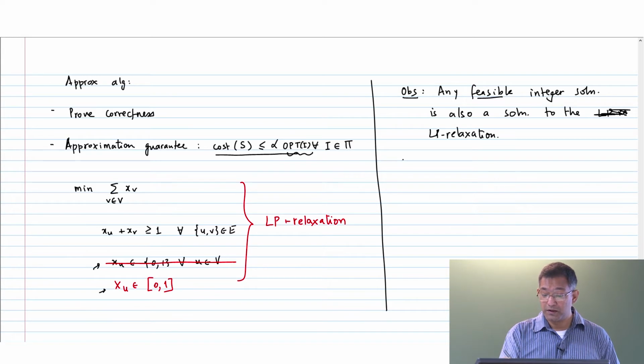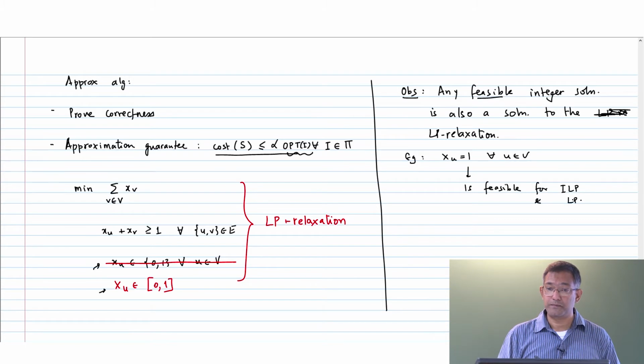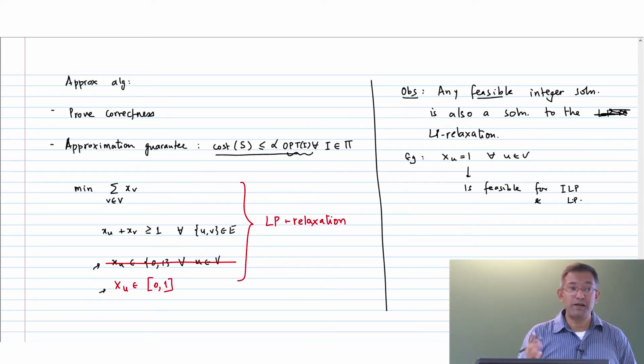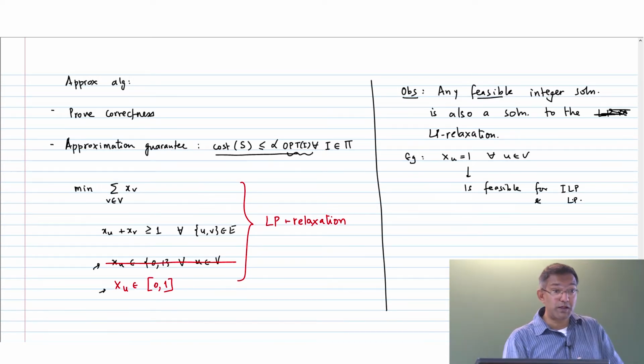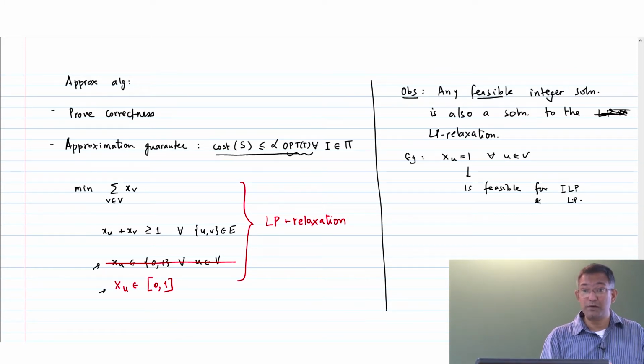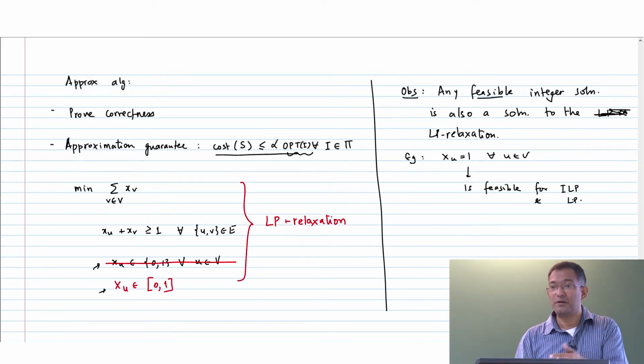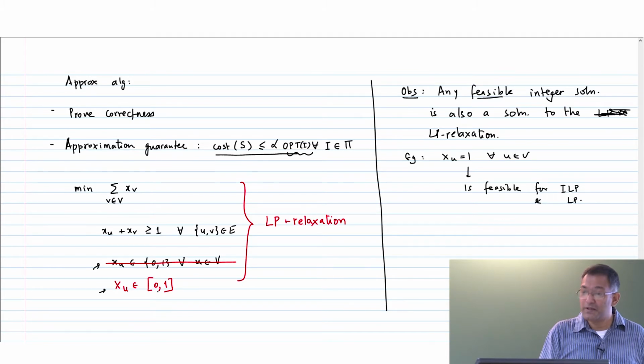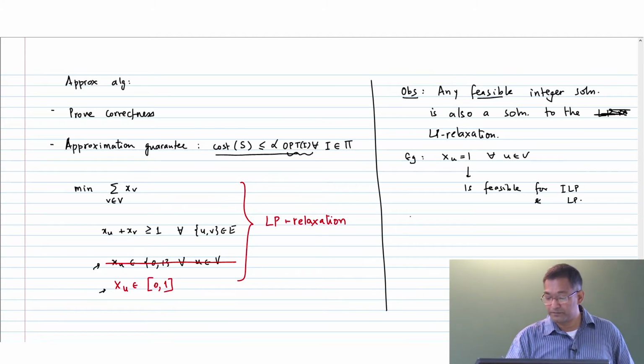So, I can set x sub u equal to 1 for all u in V. Now, this is feasible for both the integer linear program and the LP. All I am saying is, if you had a solution that is feasible for the integer linear program, then it is feasible for the linear program, because the linear program says that I am happy with any value between 0 and 1.